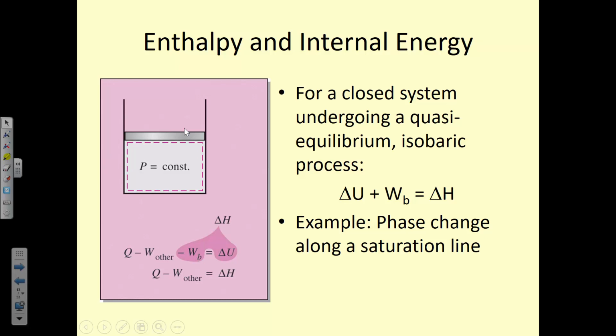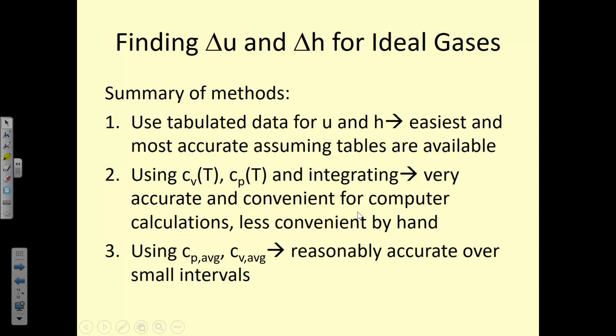And it shows up in open systems because our fluid pieces are flowing through the system. Okay, so this flow work is analogous to boundary work in a closed system. So just remembering that this enthalpy change is representative of that latent energy plus the energy of motion. So it's almost like a potential and a kinetic energy on microscopic scale for a fluid. So we can find delta U and delta H many different ways.